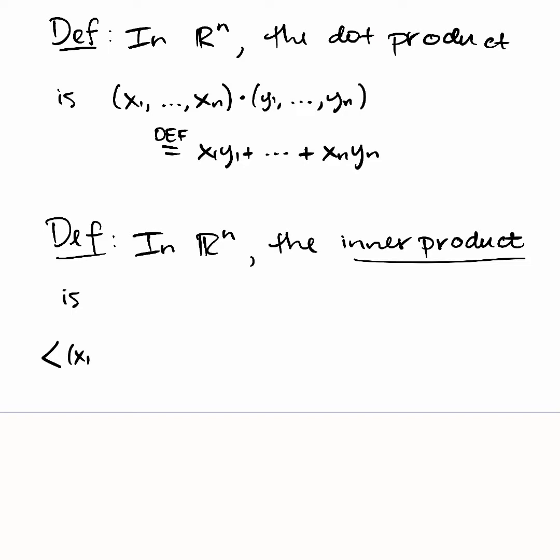If you're interested in the inner product of x1 through xn with y1 through yn, it is simply what you used to refer to as the dot product: x1y1 plus dot, dot, dot, xnyn. So the only change is the terminology, the vocabulary itself. We don't say dot product, we say inner product. Okay, so we understand inner products on Rn because we already understand dot products on Rn.